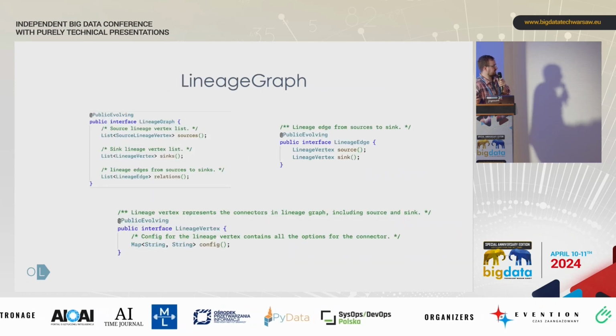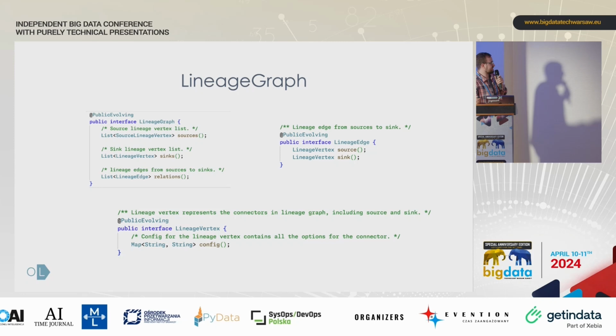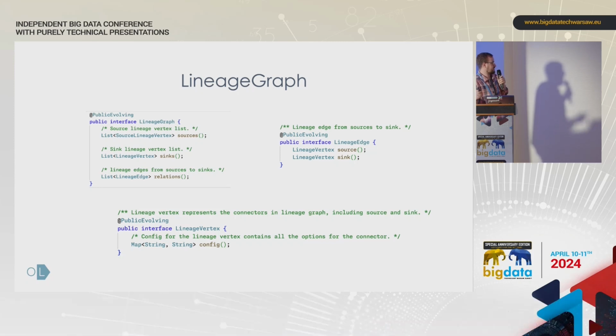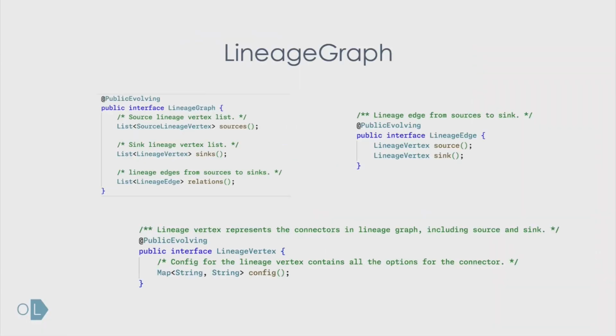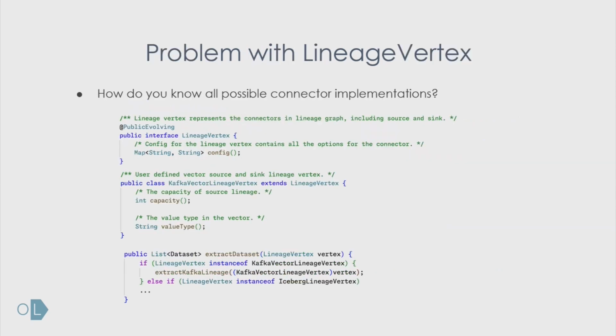Well, let's look at the interface. It basically contains sources, sinks, and relationships between them, right? This is what we need. But the problem is that it doesn't actually contain the information about the datasets that are produced or read by the particular implementations of this interface. So you have something like KafkaLineageVertex, which is an implementation of this API for the Kafka connector.